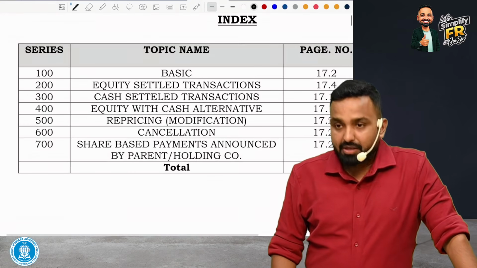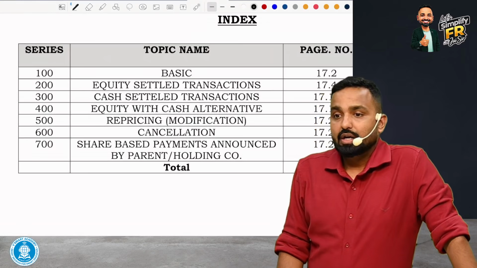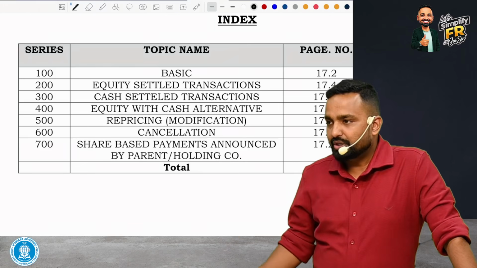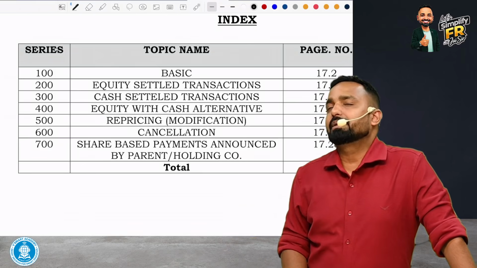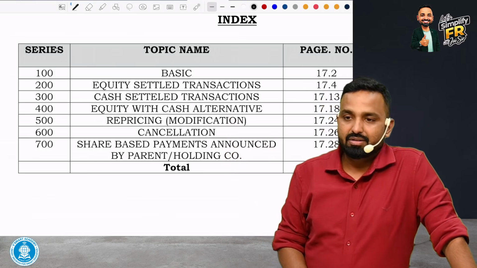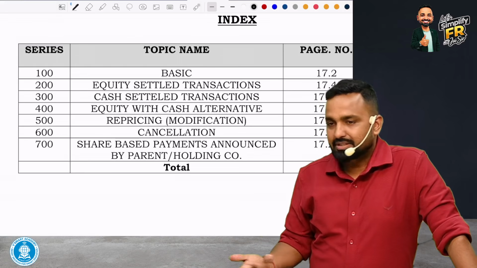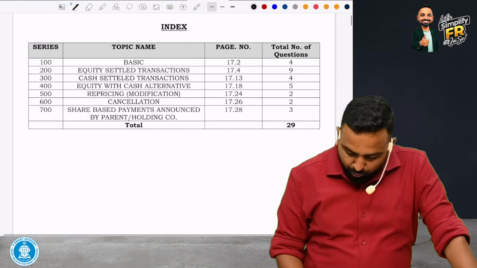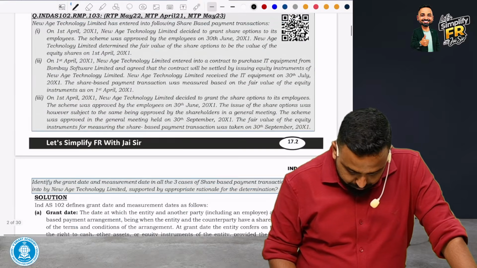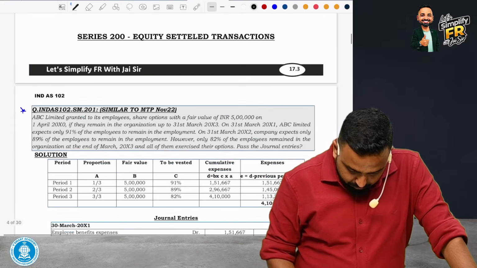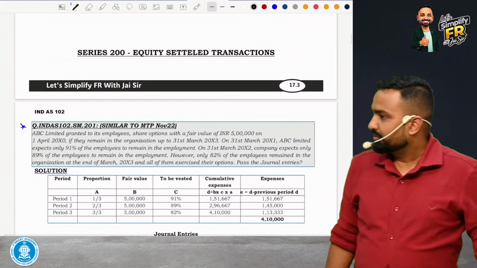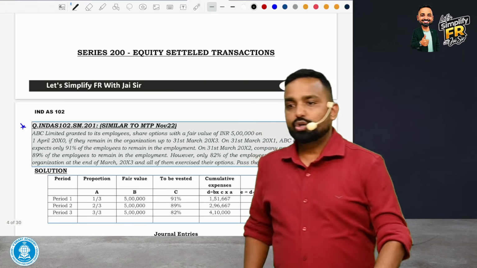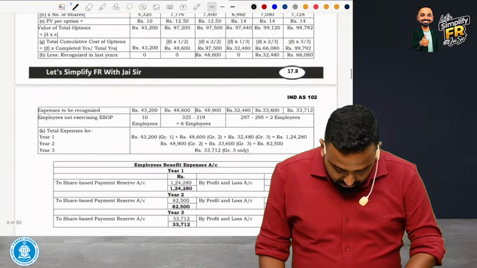In the index part, you can see 100 is for basic questions. We'll do basic questions later on, because these basic questions are basically from the supplier part. We'll do them separately. Come to the 200 series, page number 17.4. In this series, there's a very good question recently asked, the last question.